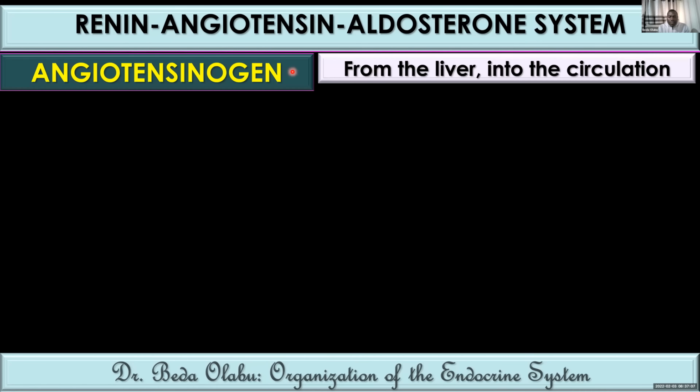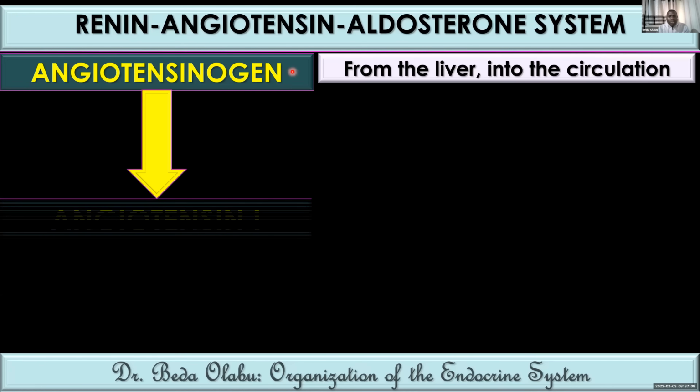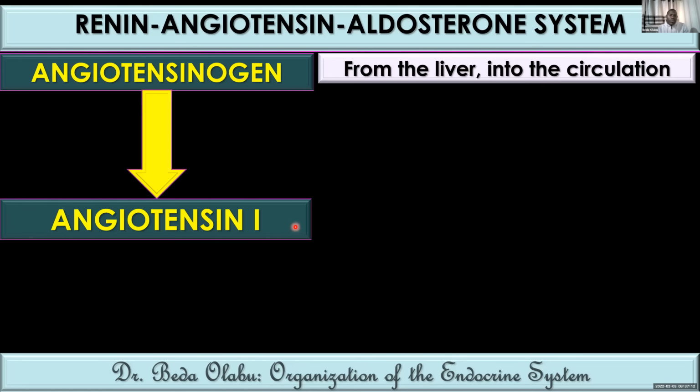Angiotensinogen becomes converted to what we call angiotensin I, which is kind of an intermediate hormone. The conversion of angiotensinogen to angiotensin I occurs primarily within the circulation.